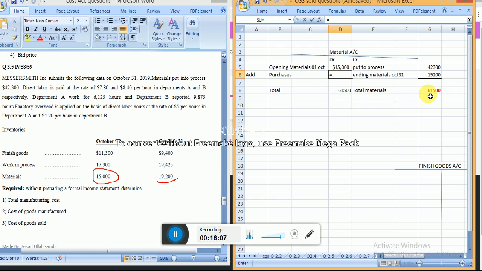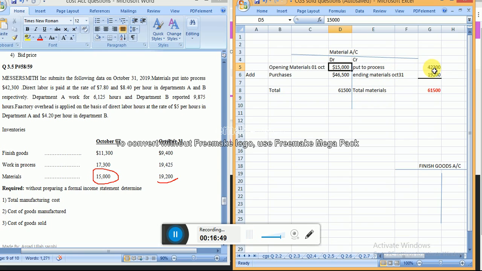Our purchases will be the 61,500, if we minus 15,000, so we can find out the purchases, which is equals to how much? 46,500 purchases we find. Simply, the 15,000 materials left from the previous month, the 46,500 we made the purchases. So how much is total? 61,500.